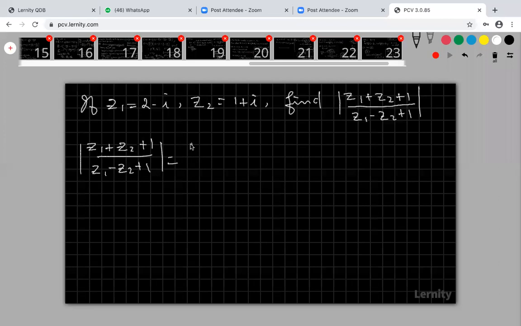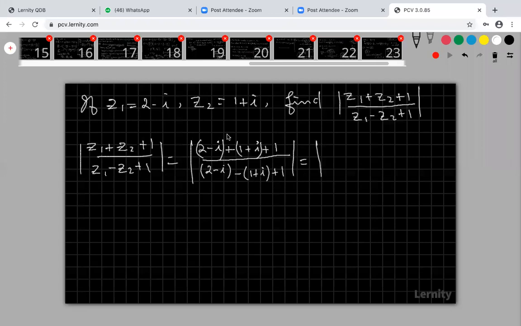Apply Z1 and Z2. Z1 is 2 minus i, plus Z2 which is 1 plus i, plus 1, divided by 2 minus i minus (1 plus i) plus 1.